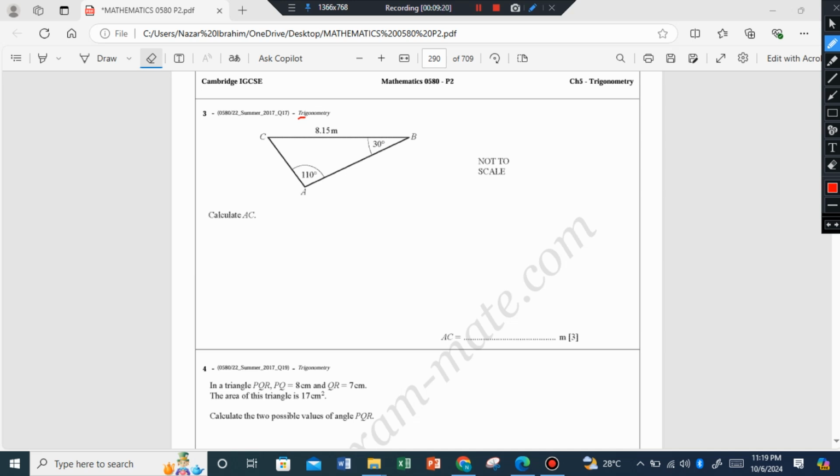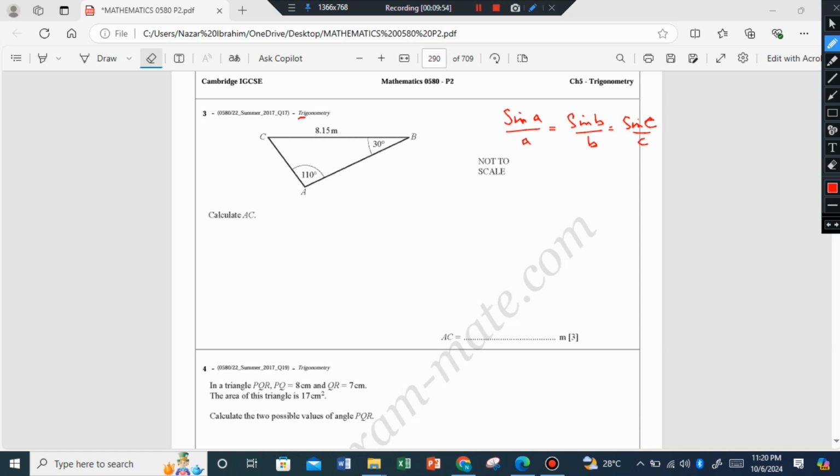So now we will be using another law which is called sine law. What sine law says is that sine A upon a is equal to sine B upon b, is equal to sine C upon c. So I can use any two of them, but how to use it?